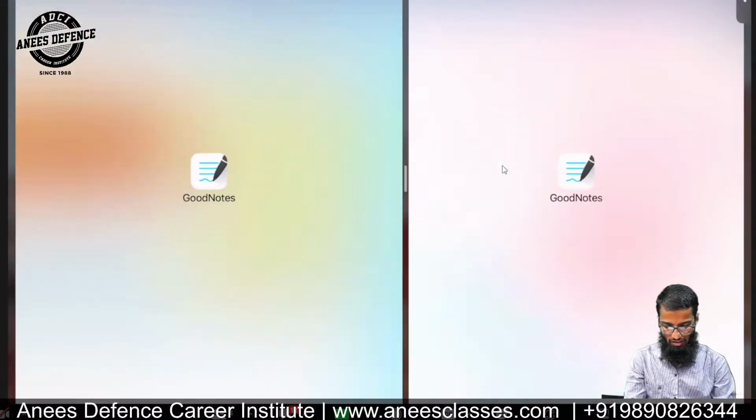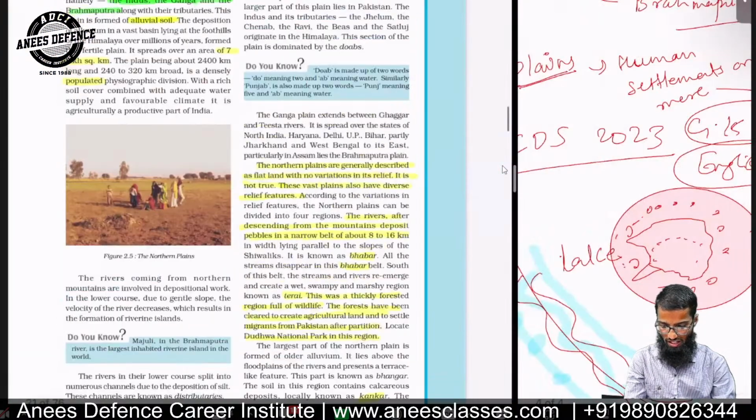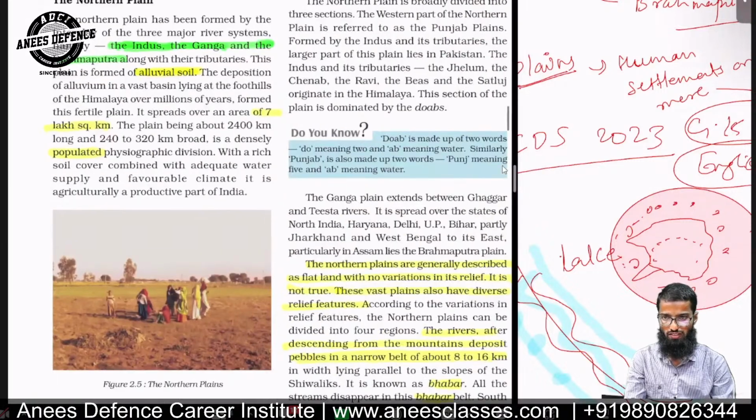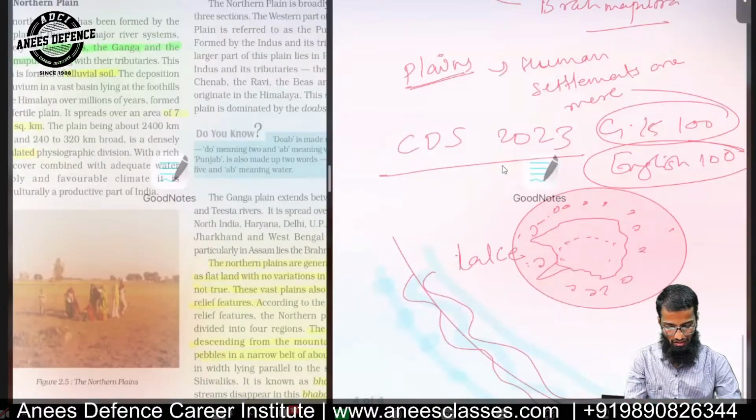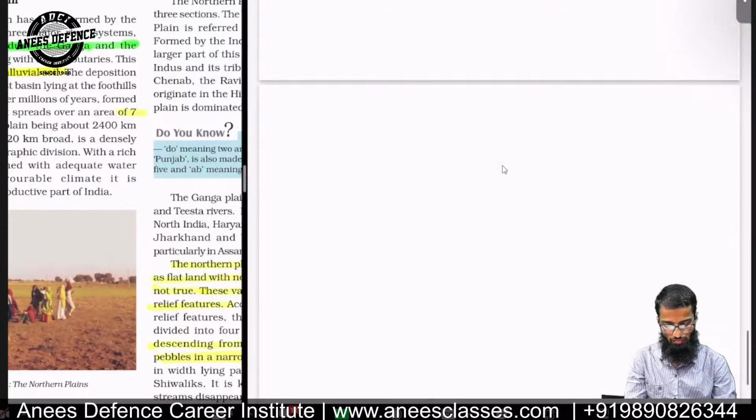So let us start discussing the three rivers first: Indus, Ganga, and Brahmaputra. You know that the plains are generally formed with the help of the alluvial soil brought by the rivers. Let us say you have the river Ganga flowing from the Himalayas.